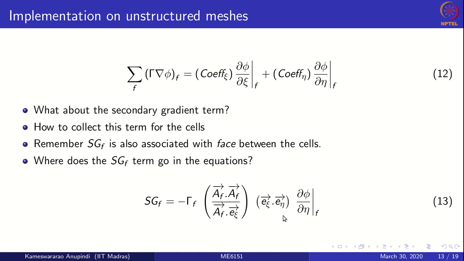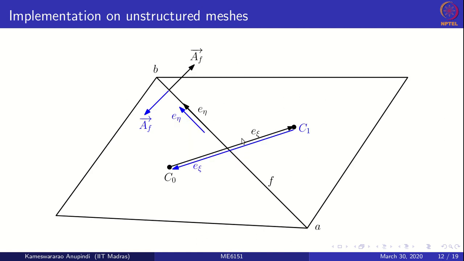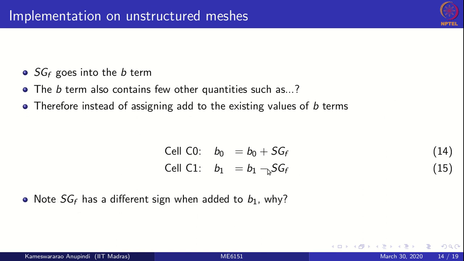Xi dot e eta is flipping because xi is flipping but e eta is not. As a result, xi dot e eta would give you a sign change which needs to be accommodated in the calculation. Because the secondary gradient is calculated from C0's perspective, that's why we are subtracting it off here. Of course, if you go back to C1 and calculate, then this will be plus only. That we are not doing here.